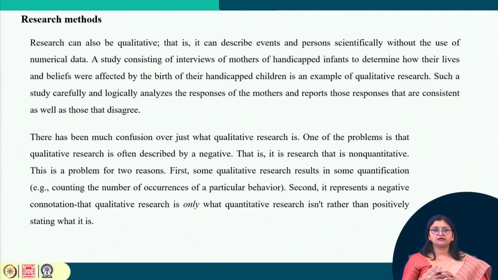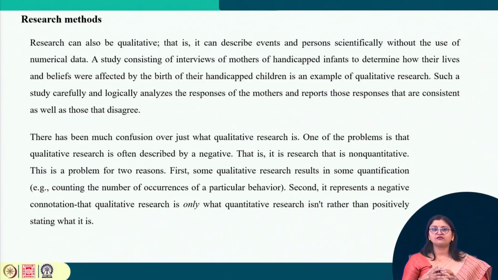So, there has been much confusion over just what qualitative research is. One of the problems is that qualitative research is often described by a negative. This is our experience also. That is, it is research that is non-quantitative. That is a problem for two reasons.